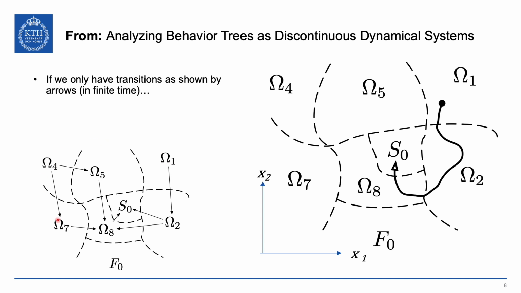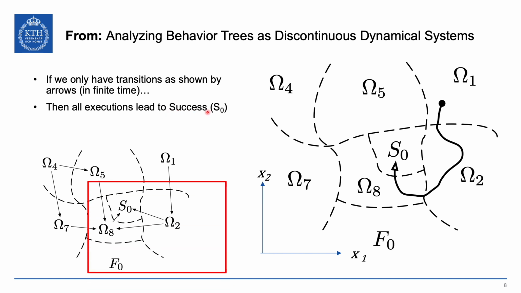If we can guarantee this, and all this transition happens in some finite time, upper bounded by something, then we know we're going to end up here. That's the only thing that can happen. We're leaving omega 2 in finite time, and we're going either here or there. Then all executions lead to success, which is a good thing.